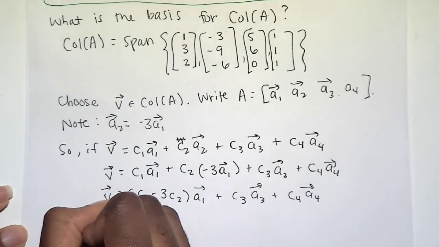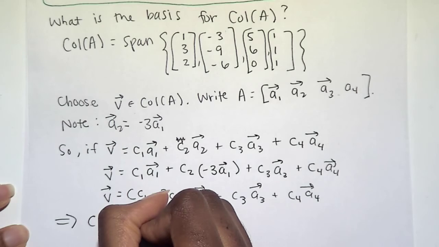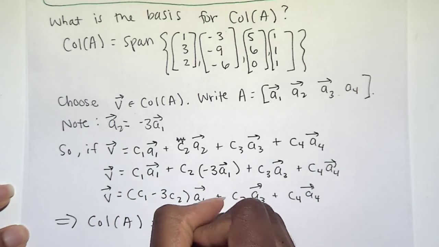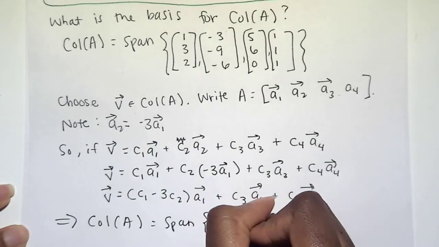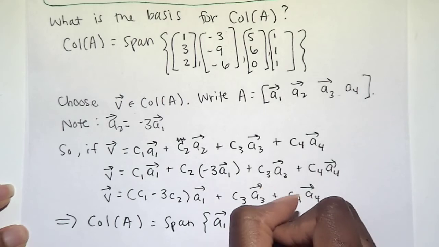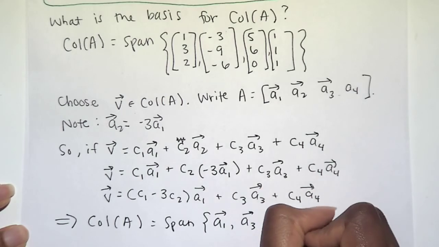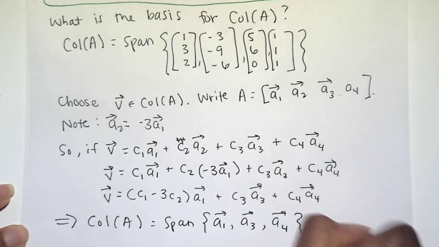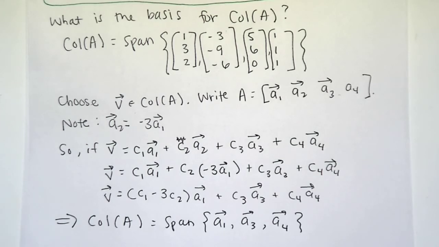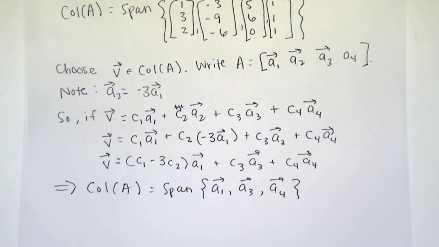That means we can actually write our column space as the span of just A1, A3, A4. A2 is not necessary because it can be written in terms of A1.